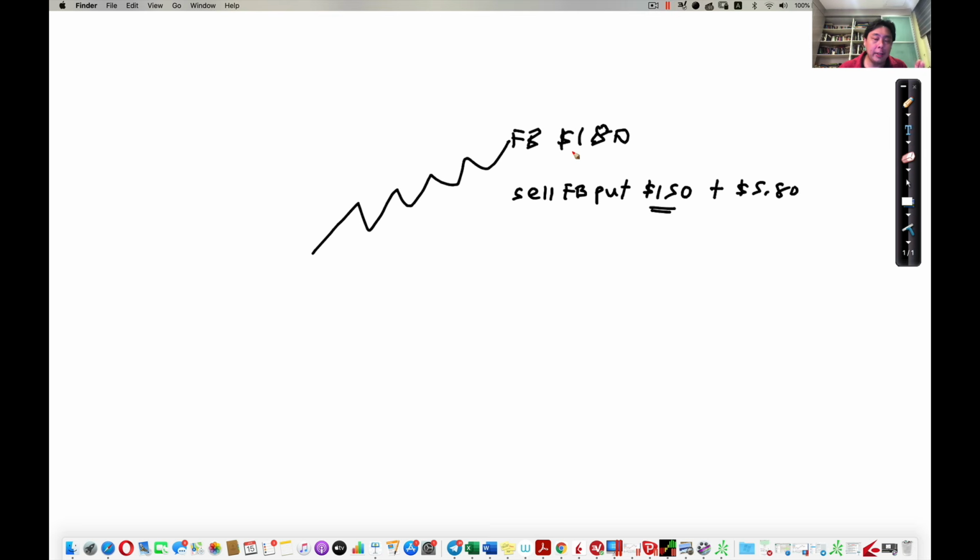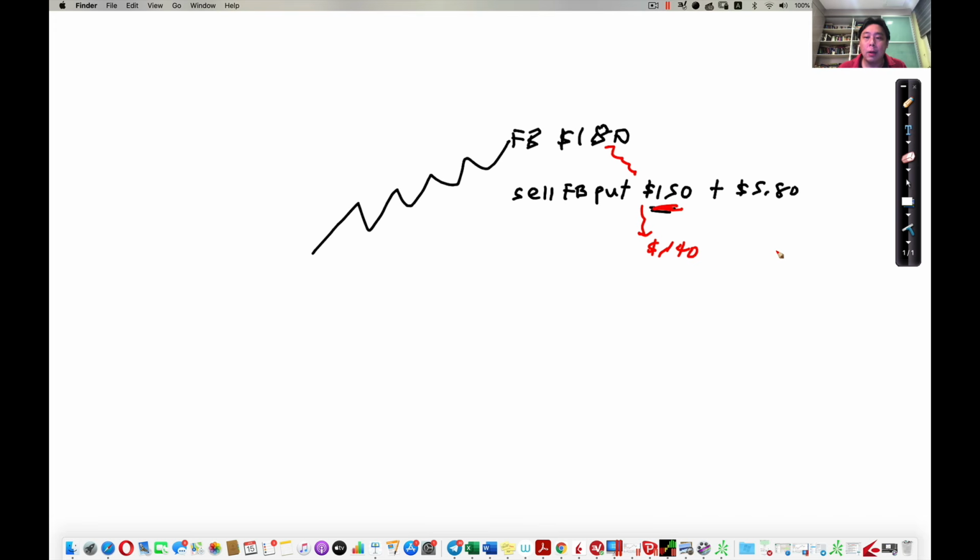So if it does, let's say Facebook shares drop to $140 by the expiration date, what happens? The put I sold will be exercised by the put buyer. So now I'm obligated to buy 100 shares at $150.